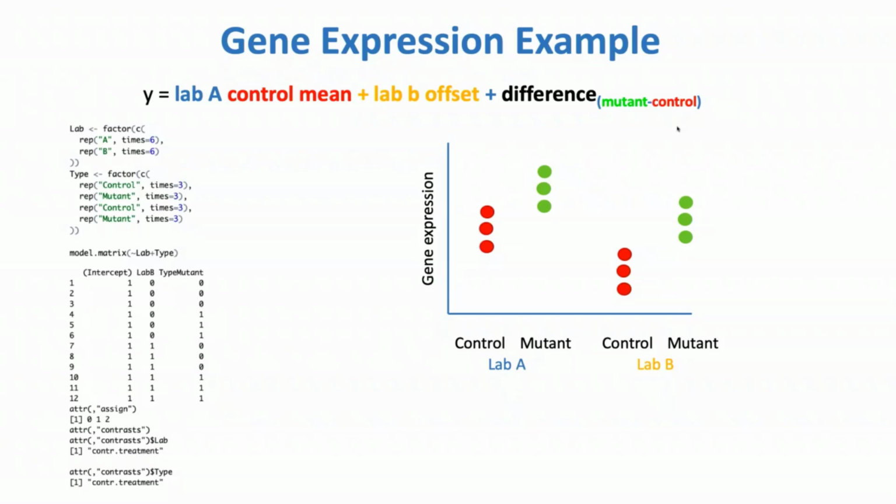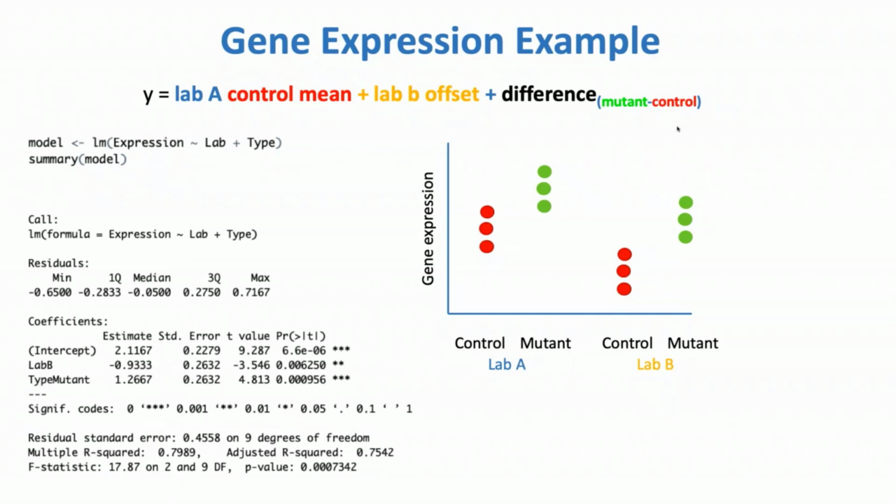So by running a regression using this full matrix, this would be the result I would get if I run a linear model in R. And output in different languages might look slightly different. All the way on the bottom, you see a p-value, right?